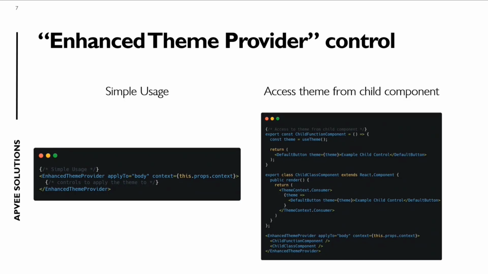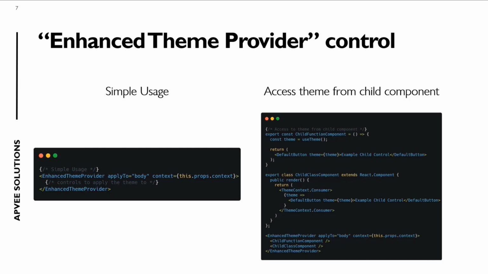In this way, you are able to put all controls as a child, and the Fluent UI components will be rendered with a great UI. But if you want to access the theme generated by the enhanced theme provider, you have the possibility to use the useTheme hook if you created a function component, or the ThemeContext.Consumer control if you created a class component.